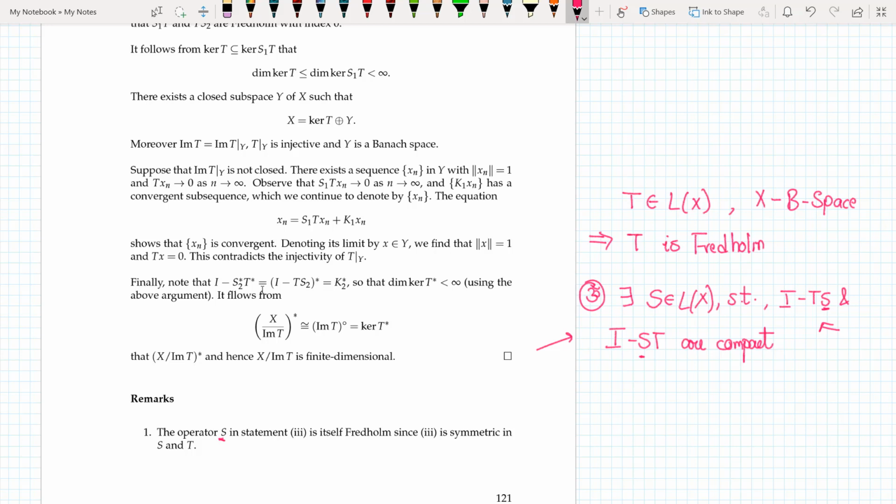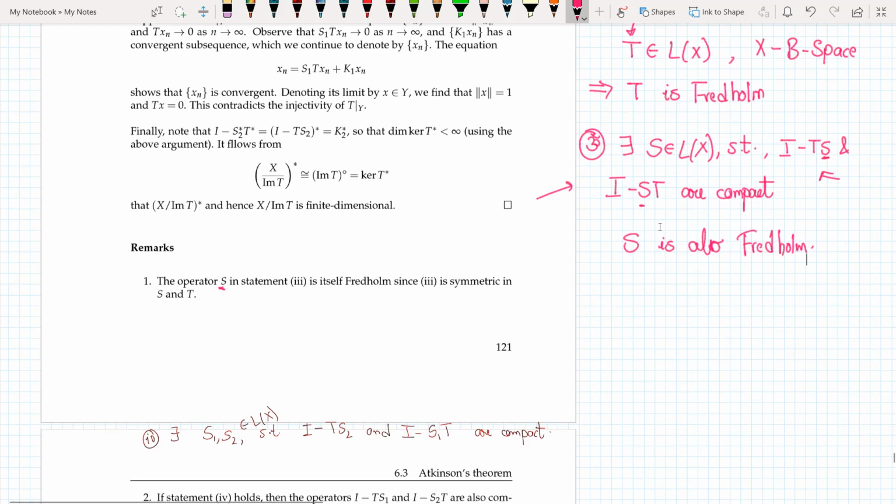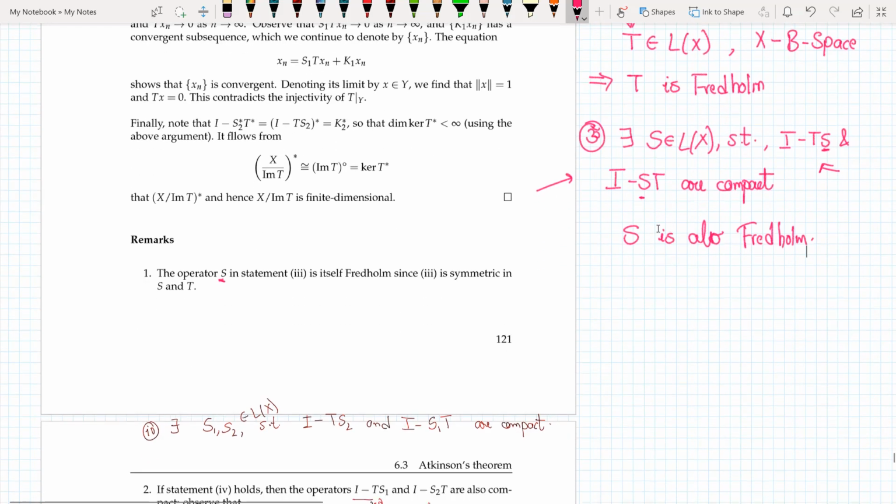But I can also say that if I minus TS and I minus ST are compact and T also belongs to L(X), then S is also Fredholm. Can you see the argument of symmetry here? Let's convince ourselves of that. If you just look at these equations, you should be able to see that because of the symmetry argument, S itself is Fredholm.